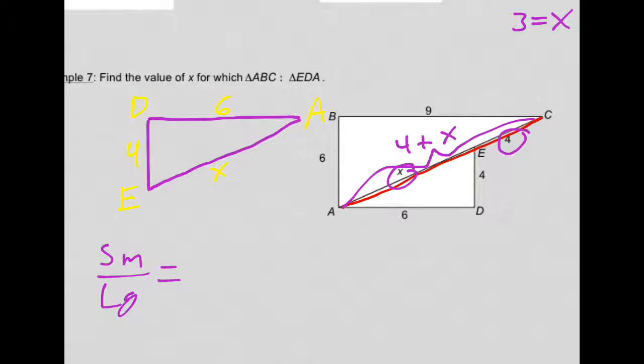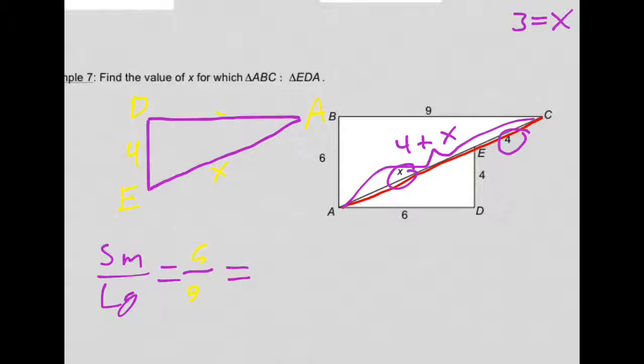And so I've got my 6 right here. I'm going to bring that down over this way. And then I've got my 9 right over here, and I'm going to take that down to this. So I've got my small over large, right?